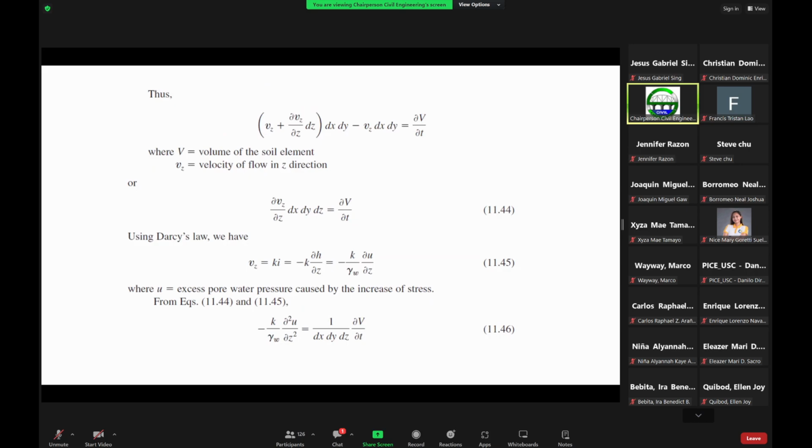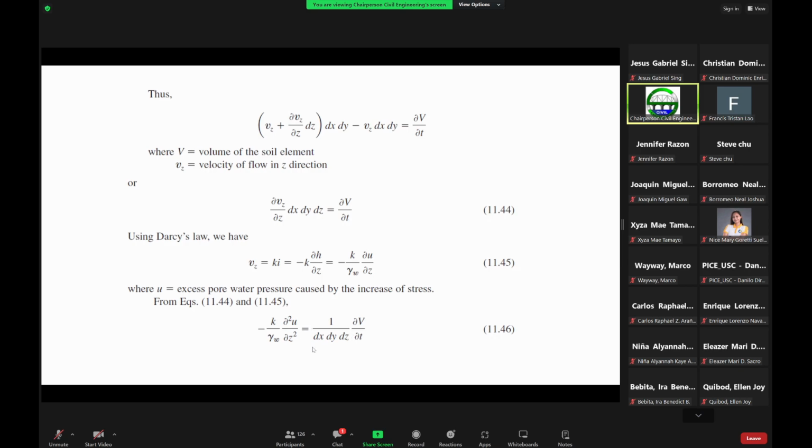Now if we substitute equation 11.44 into equation 11.45, we get this equation, where we have the second partial derivative of the excess pore water pressure with respect to the depth z, and the first partial derivative of the volume of the soil element with respect to time.